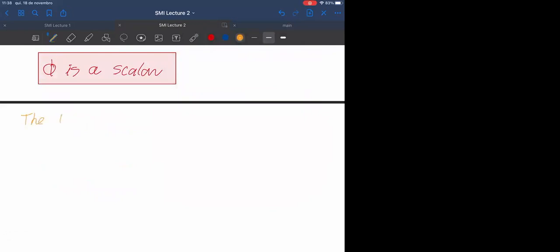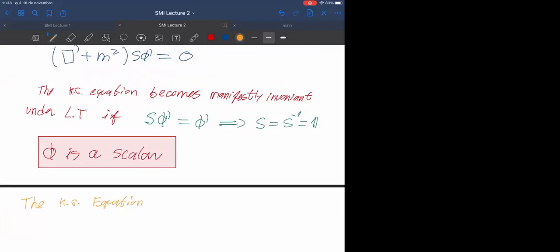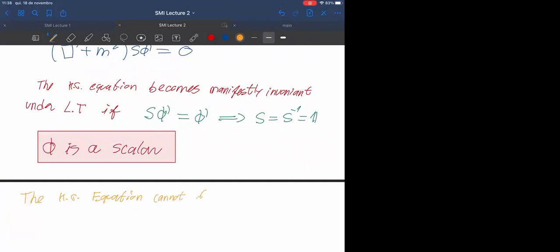Basically, the Klein-Gordon equation cannot describe, for example, relativistic electrons, since phi must transform as a scalar, which is not the case of an electron.